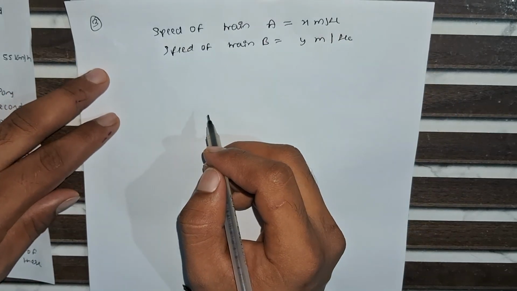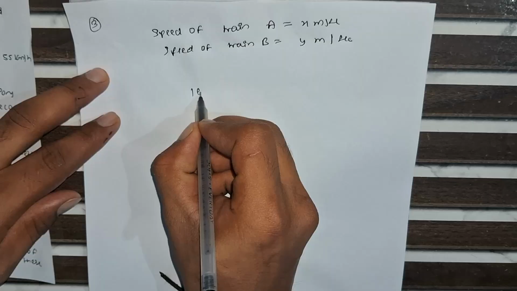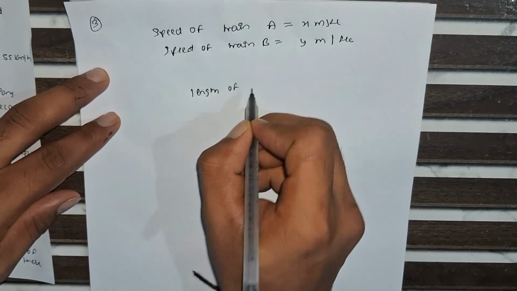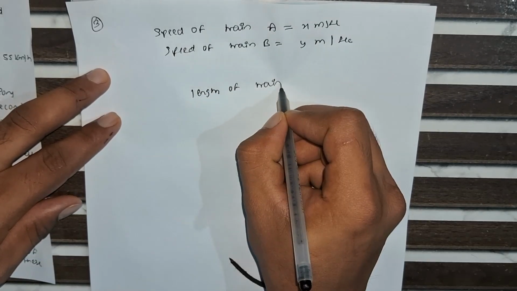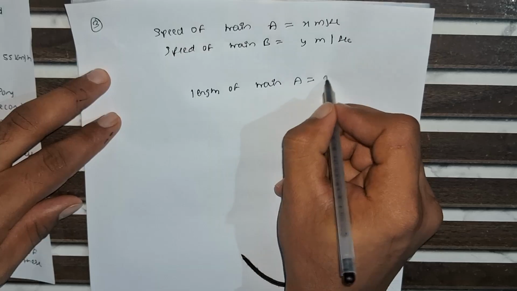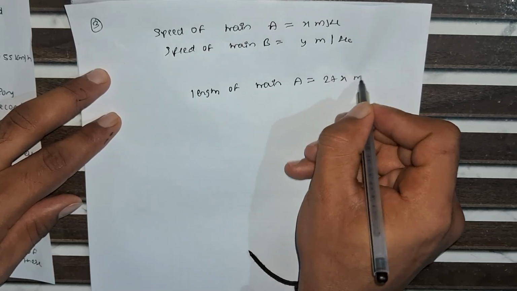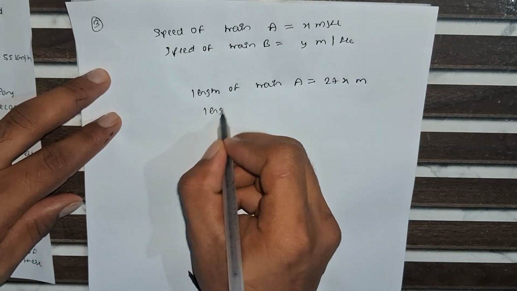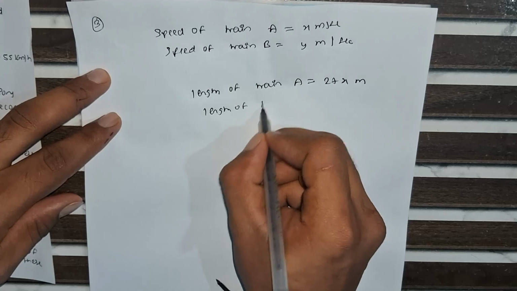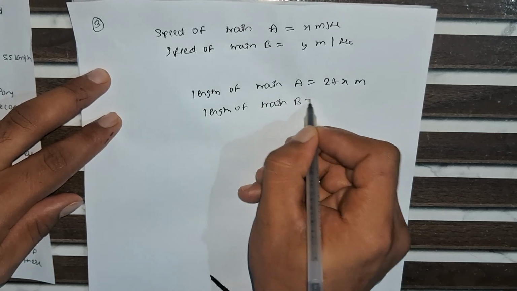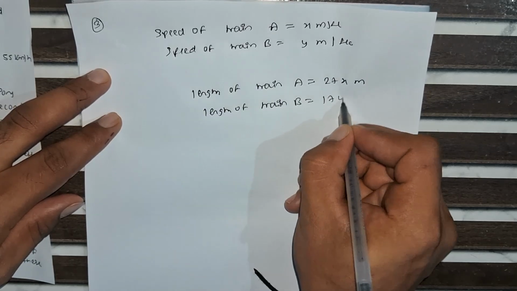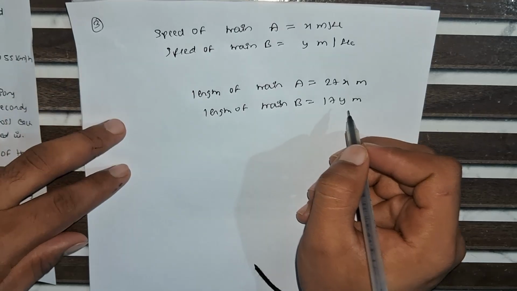So the length of train A is equal to 27x meter and length of train B is equal to 17y meter.